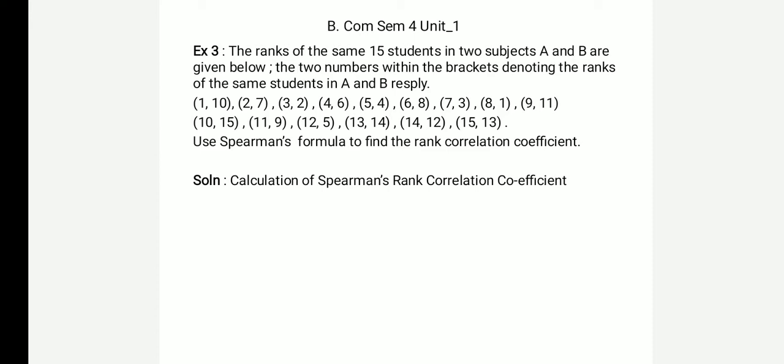Suppose we want to find if two characteristics, A, say intelligence, and B, say beauty, are related or not. Both characteristics are incapable of quantitative measurement, in the sense that you can't count or measure them quantitatively.